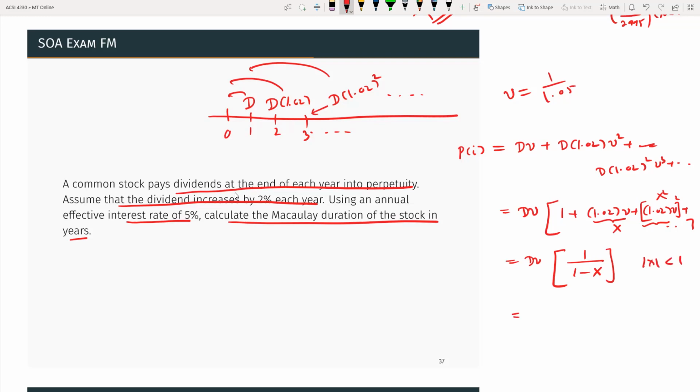So now I can substitute, the V is there. Remember X is 1.02 times V, which is 1.02 times 1 over 1.05.